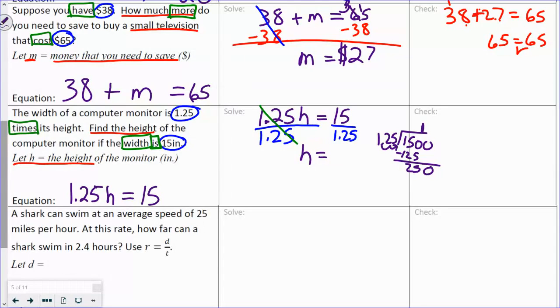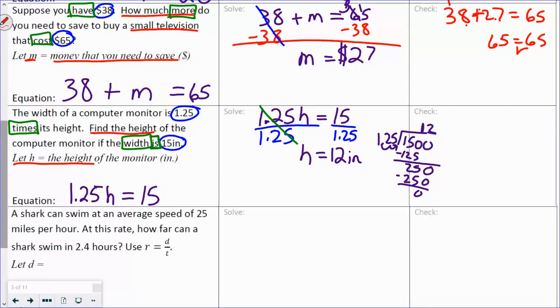And that can go in there twice. So I know I'm good. So h should be our 12 inches. Okay. Notice I still showed my work of how to solve this with decimals. I just had to do it over off to the side.